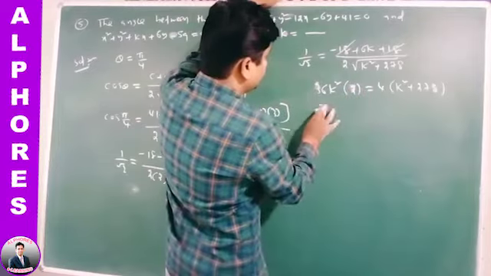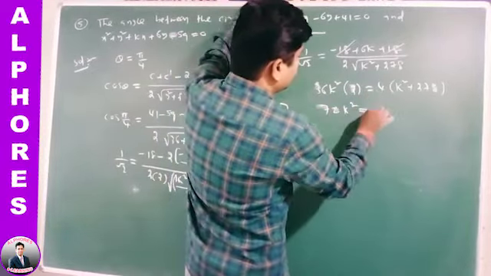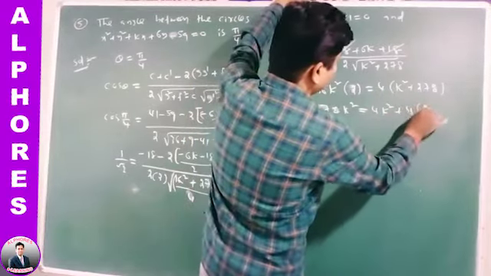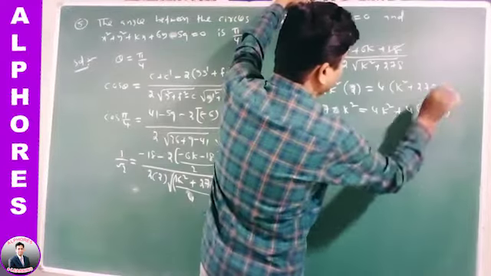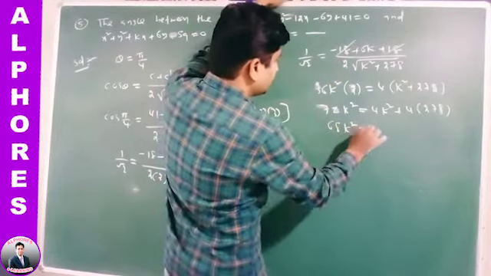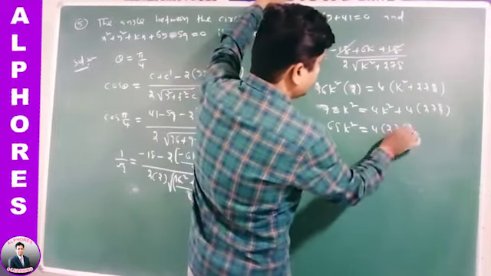Here it is 72k square equal to right side 4k square plus 4 into 278. Taking left side, then it is 68k square equal to 4 into 278.